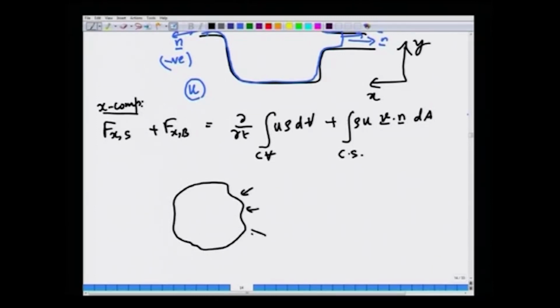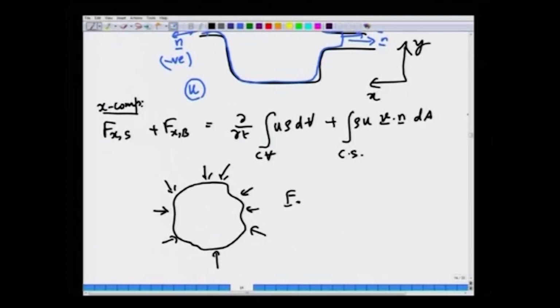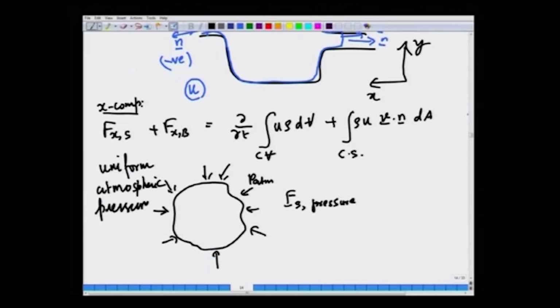Now, another thing we pointed out is that suppose you have a closed surface, and there is uniform pressure acting on the closed surface. Everywhere on the surface there is a uniform pressure. For example, you may have a system or a control volume which is uniformly exposed to atmospheric pressure. Now, in such a case, the surface force due to pressure, if there is a uniform atmospheric pressure, F s pressure will then be integral of minus P atmosphere n dA.